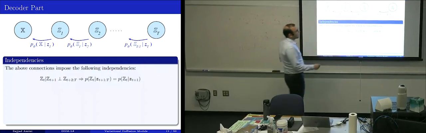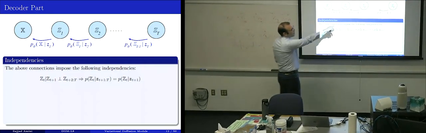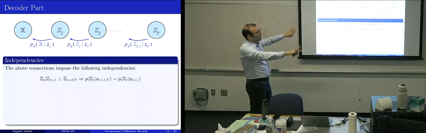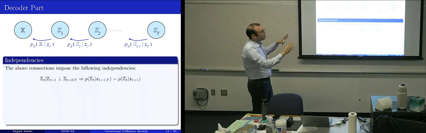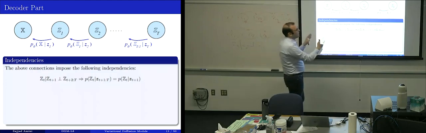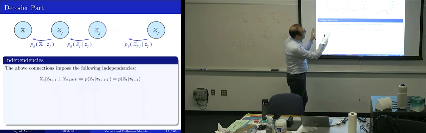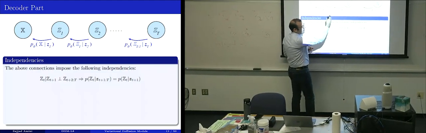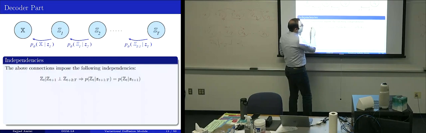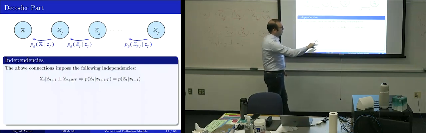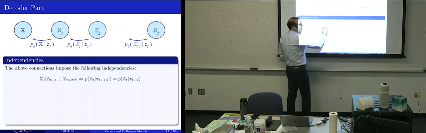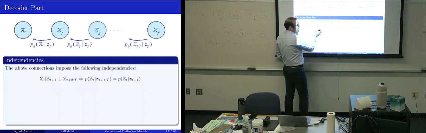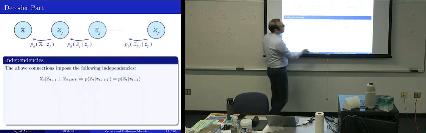What happened here? We are in the decoder part. Again, put aside, we are talking about the approximate posterior or the model itself. We are talking about the distribution, and this distribution has this property. How can I use those arrows for simplification? Based on those arrows, we know that ZT is independent of the higher index given its next one, okay?